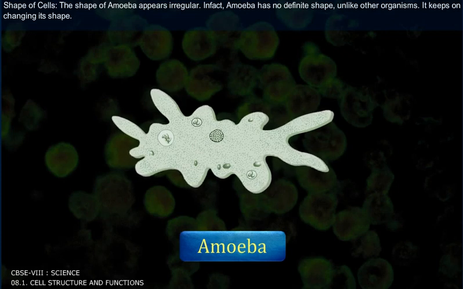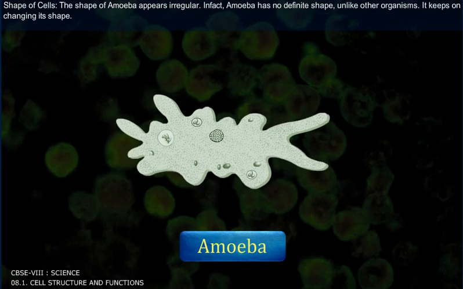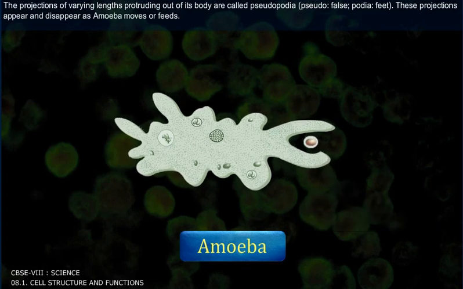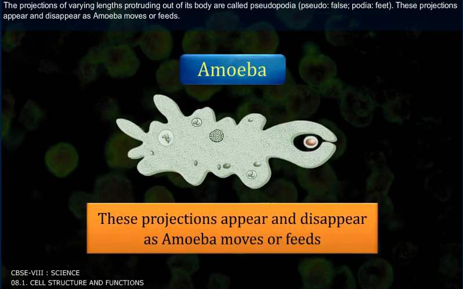It keeps on changing its shape. The projections of varying length protruding out of its body are called pseudopodia. Pseudo, false, podia, feet. These projections appear and disappear as amoeba moves or feeds.